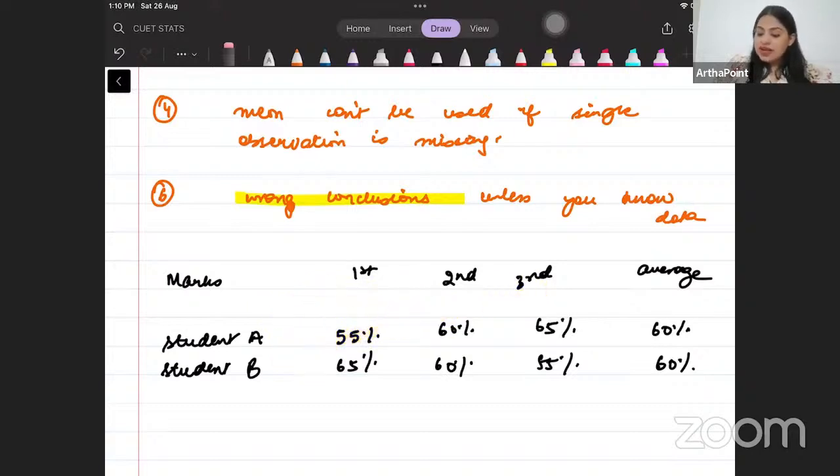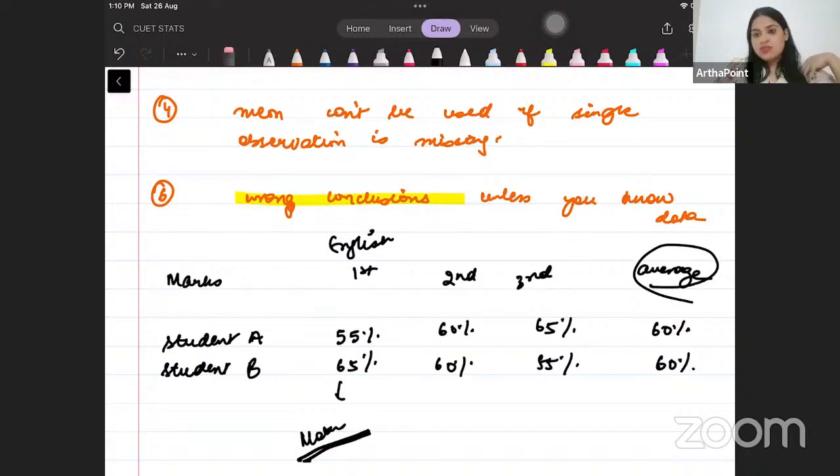Maybe for student A, the first test was English, and for student B, the first test was maths. So I cannot just say that on an average, both students are the same, or that both have scored 60%, unless I know the data they have come from. Maybe the difficulty of the two tests was very different for the two students. So we cannot just simply say that if the average is the same, the students are the same, right?